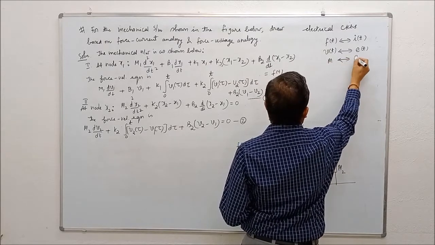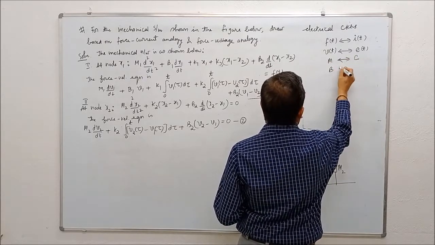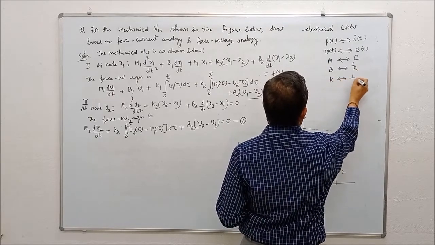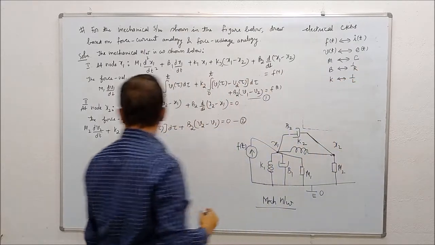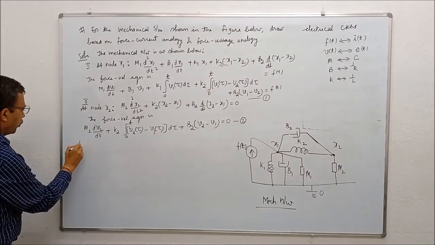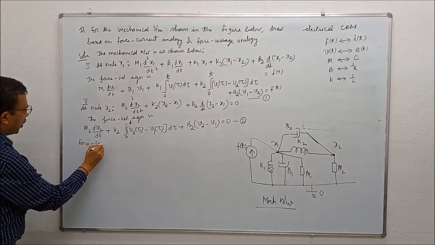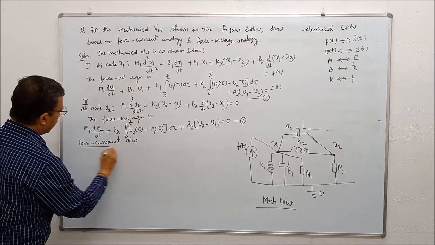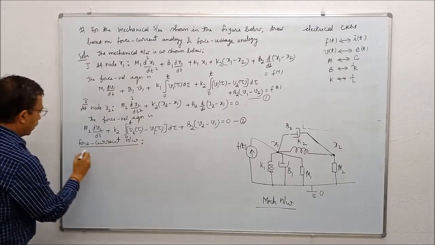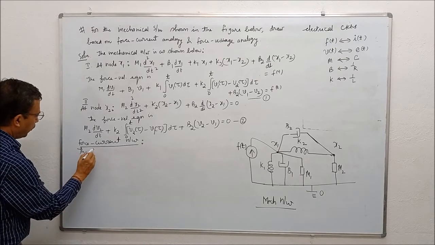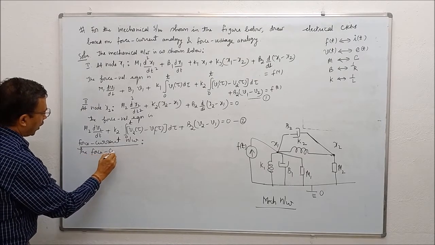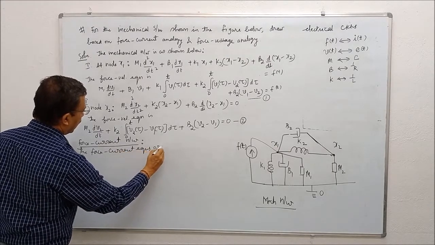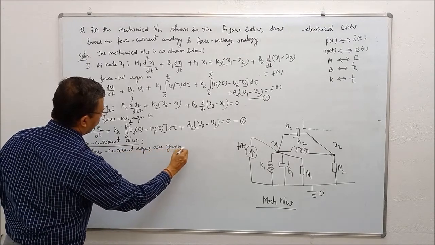M is equivalent to C. B is equivalent to 1 by R. K is equivalent to 1 by L. To draw the force current network, the force current equations are given below.